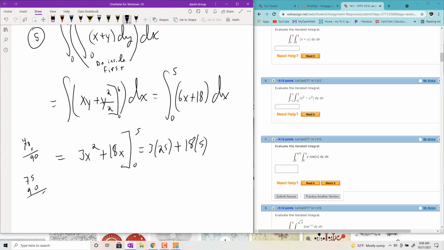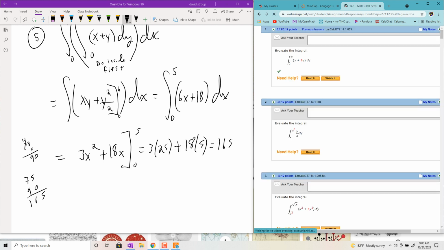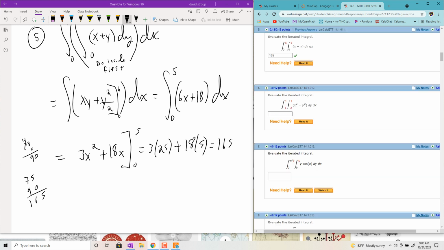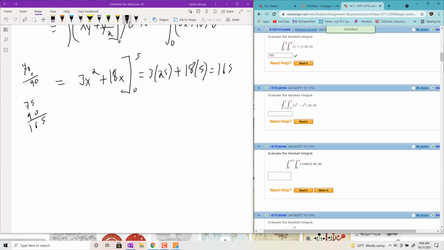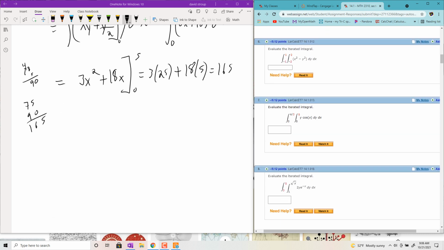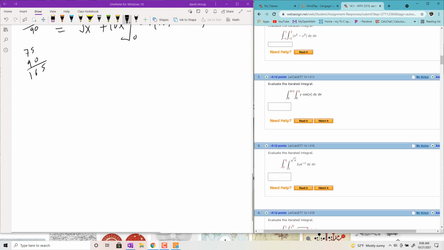Add those together, 165 for our final answer. Okay, pop it in there and just make sure it's right. Right, so, like I said, it's pretty simple. You just have to kind of get used to it.